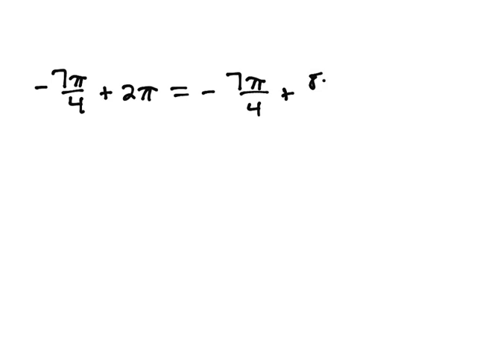So what I want to do is add 2 pi to it. Well, if I'm going to do that, I need a common denominator. So 2 pi is the same thing as 8 pi over 4, and that gives me pi over 4, which is between 0 and 2 pi, so that's my answer.